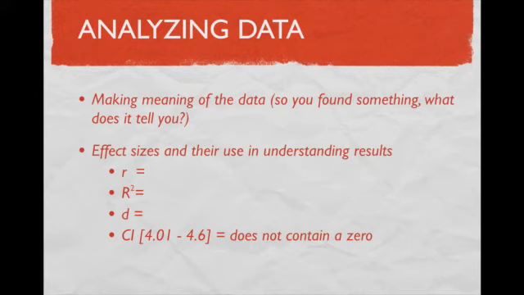So one of them is R, which is Pearson's product correlation coefficient, and that tells us the strength of a relationship. And then R squared, D, and the confidence interval really does tell us the magnitude. So if you think about the Pearson product correlation coefficient, it really does indicate degree of strength, and we'll talk about that in a little bit.